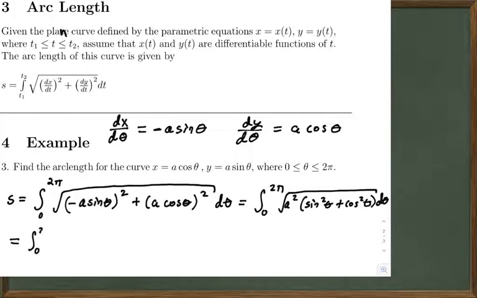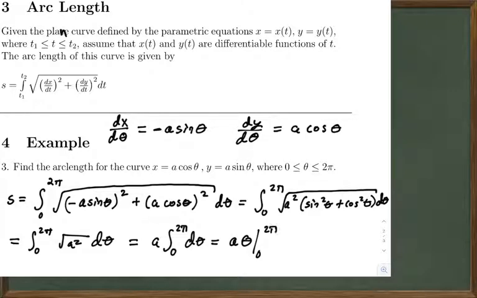It's going to be equal to the integral from 0 to 2 pi of the square root of a squared times 1, because that's what sine squared plus cosine squared is equal to, so just the square root of a squared d theta. And we're assuming that a is positive, so the square root of a squared is a. We can slide that out of the integral, so we have a times the integral from 0 to 2 pi d theta, and that's a 1 d theta, so the integral of 1 with respect to theta would be theta. So this becomes a theta evaluated from 0 to 2 pi, which is going to be equal to 2 pi a.